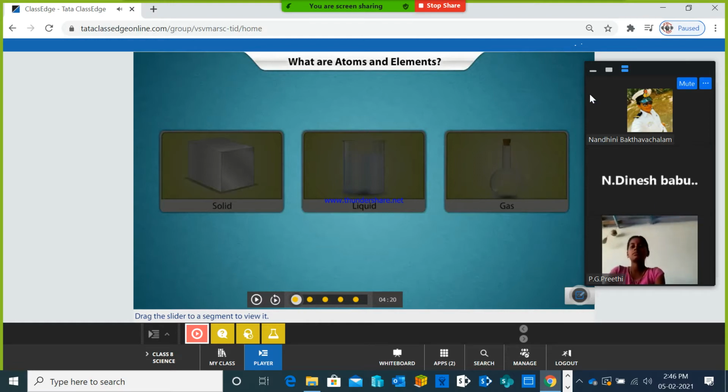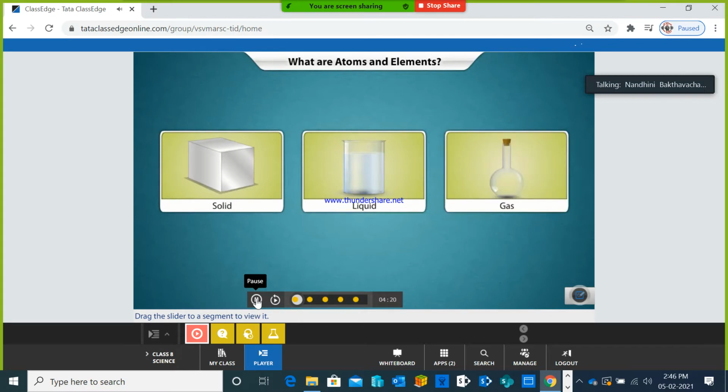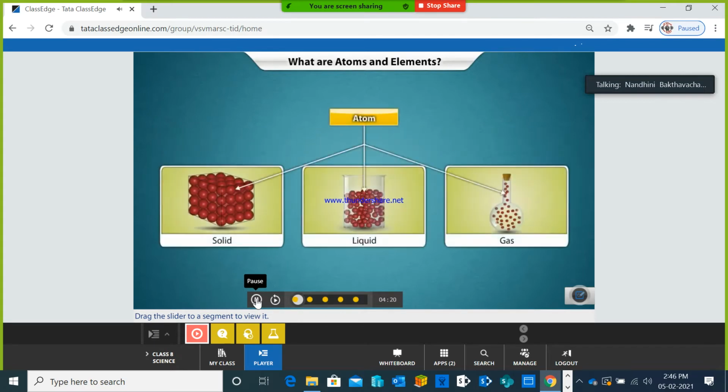Liquid particles stay in the beaker. Gaseous particles surround us. Okay. Matter, solid, liquid and gas, are made up of atoms. Thus, the atom is the smallest unit of matter.